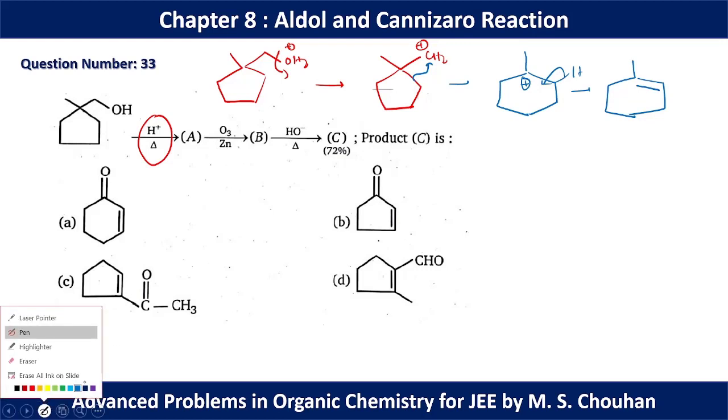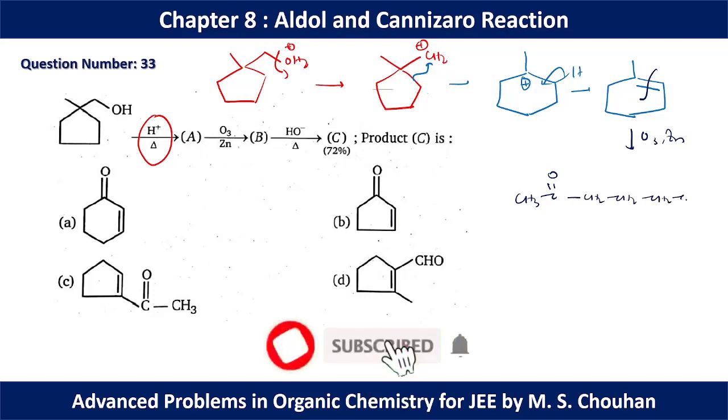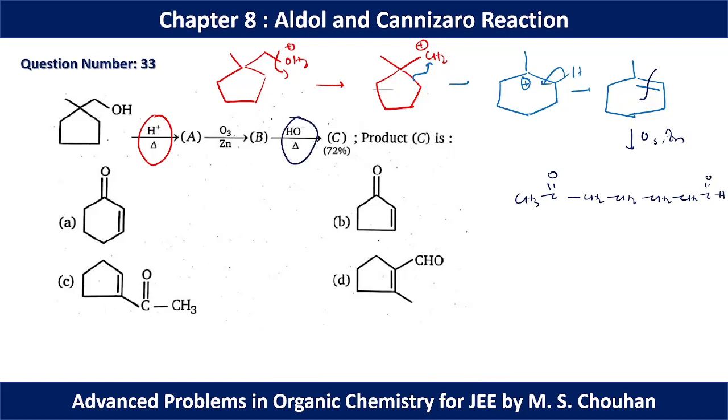Okay, now reductive ozonolysis can dissociate this C double bond C, and we can have a situation like this: CH3 C double bond O CH2 CH2. Okay, the last part is the next aldol reaction, where we can start with negative charge at this position, and we can approach this position for the final product.